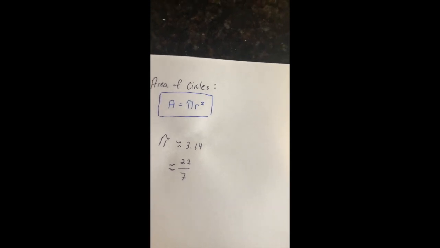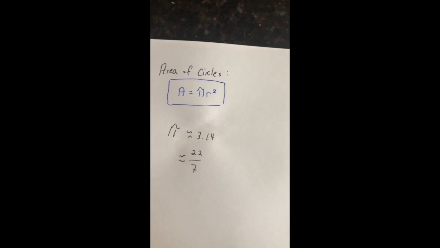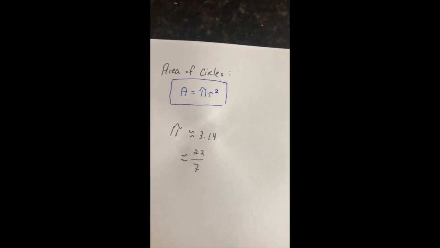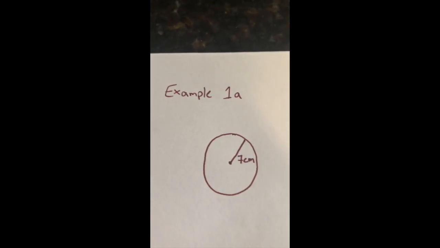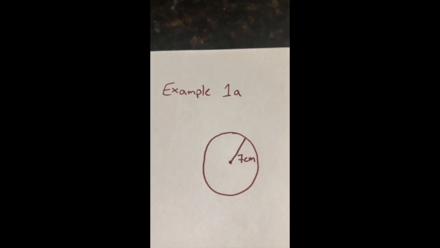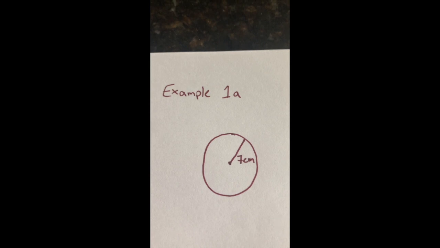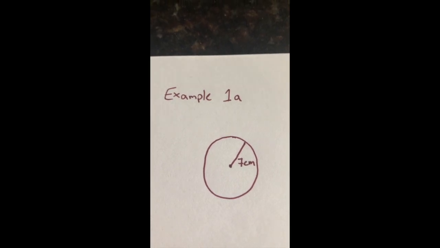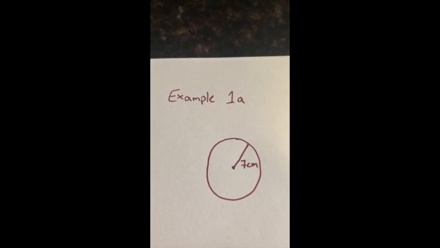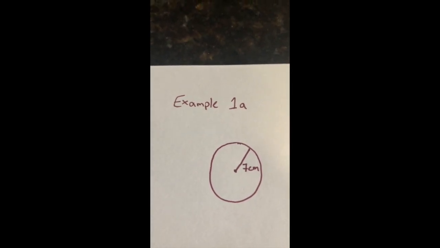All right, so when we look at the first example on page 334, you're going to see example 1A, and it tells us to find the area of the circle and use 22/7 as our figure for pi.